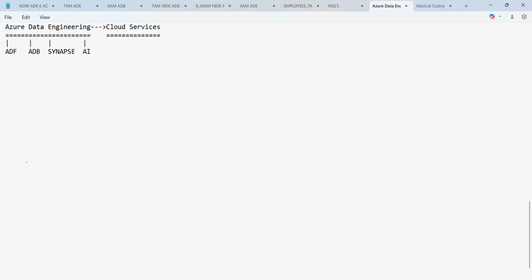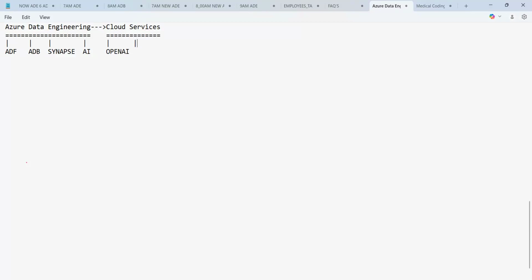Then one more thing we have, that is called OpenAI. OpenAI is nothing but the open artificial intelligence.